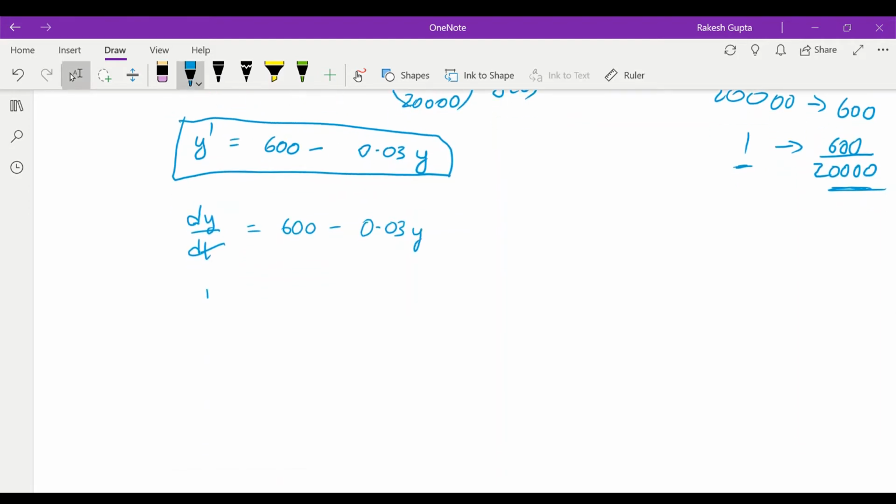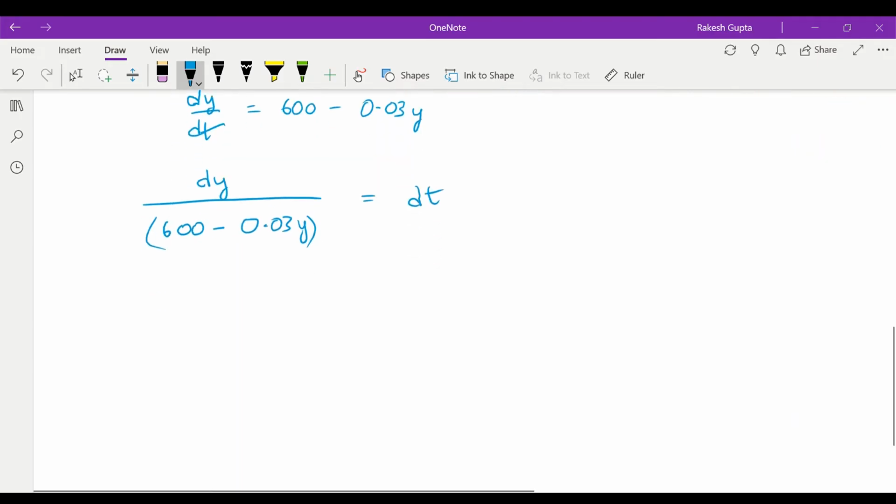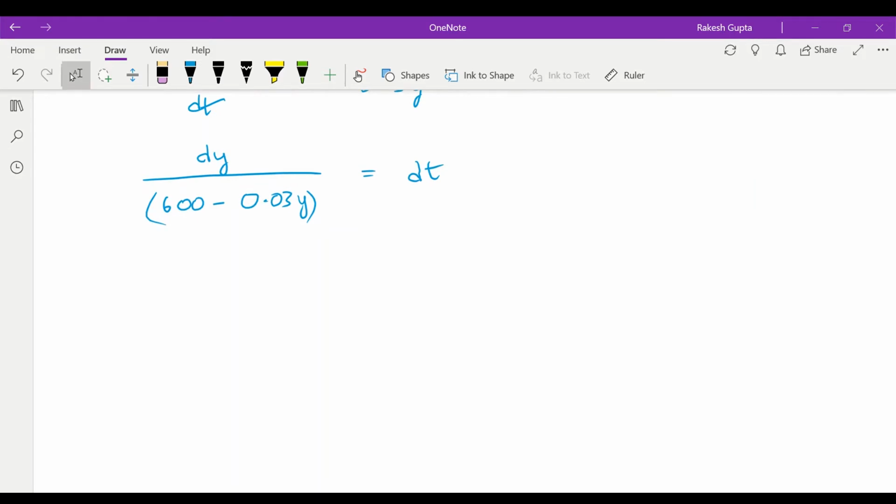I'm just going to rearrange. Now we integrate on both sides, from 0 to y on one side and from 0 to t on the other.